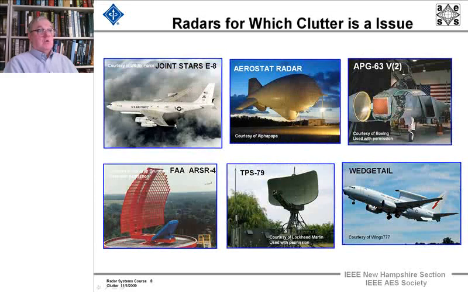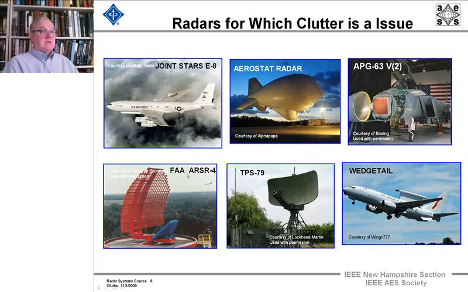And just to look at more, the Joint Stars radar, which looks down at ground moving targets on the ground. Well, if it's looking at the ground for moving targets, clearly, to help out with the drug interdiction program, there's a radar under this aerostat, which looks down towards the ocean to look at small boats or aircraft in the Caribbean and other places.